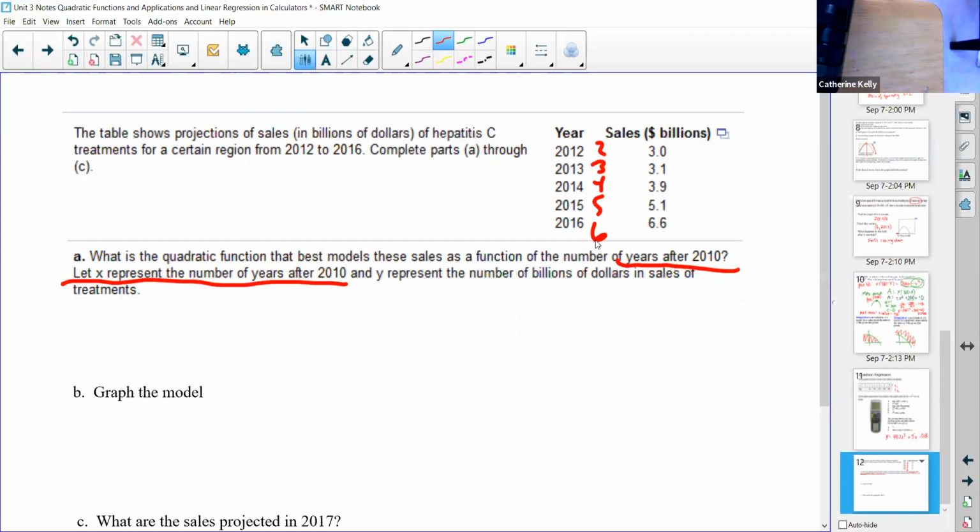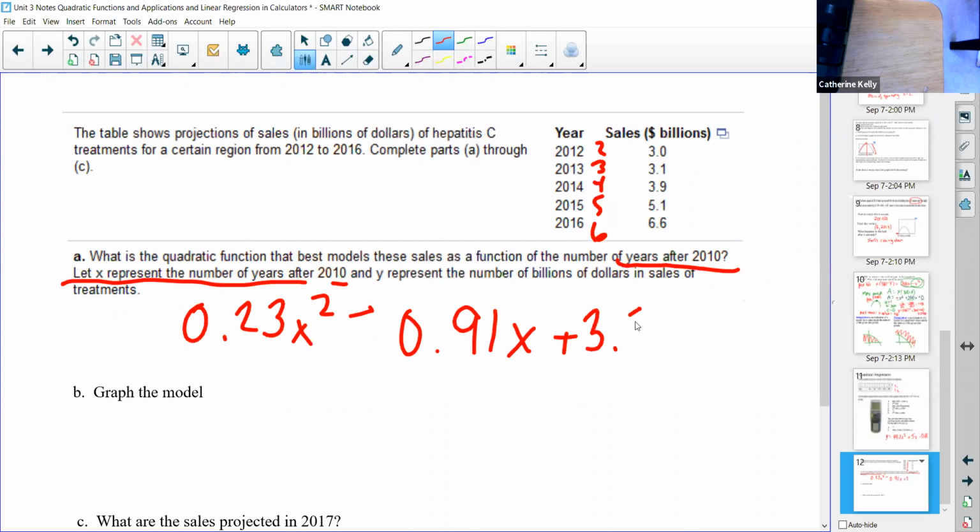It's going to be 0.22 to, I want to say 0.23x squared minus 0.91 x plus 3.86. And then graph the model.